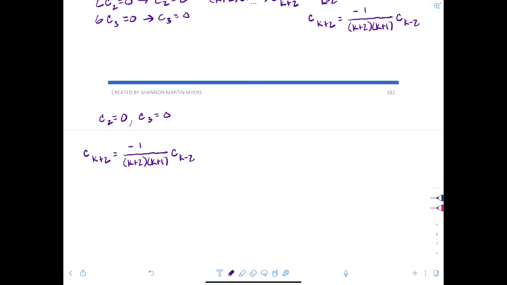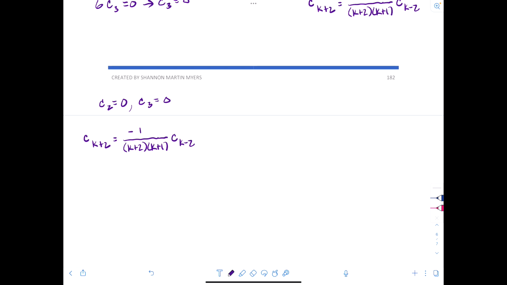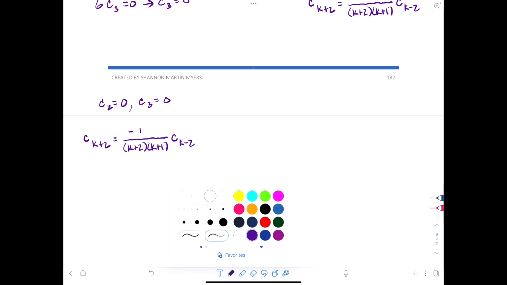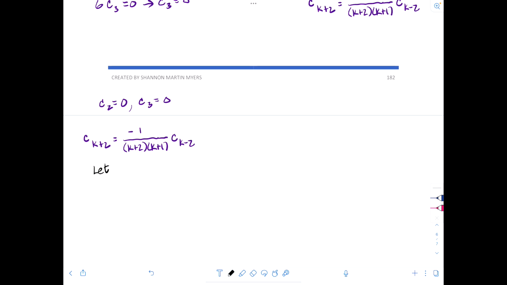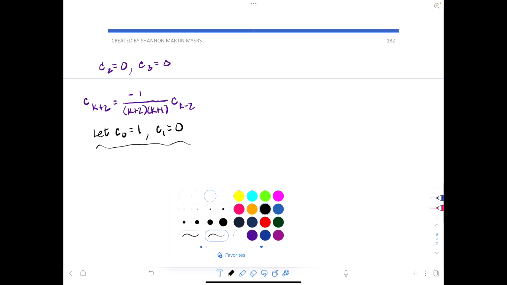We don't know C0 and C1, so for this first one, we're going to let C0 be 1. This is how you get two solutions. And C1 will equal 0. We're going to do this all over again and switch it around to get our next set.